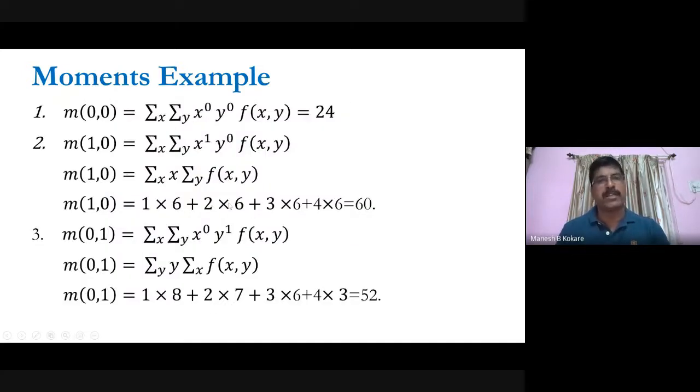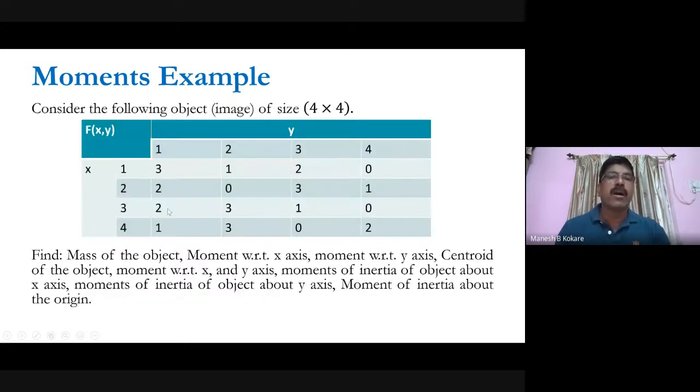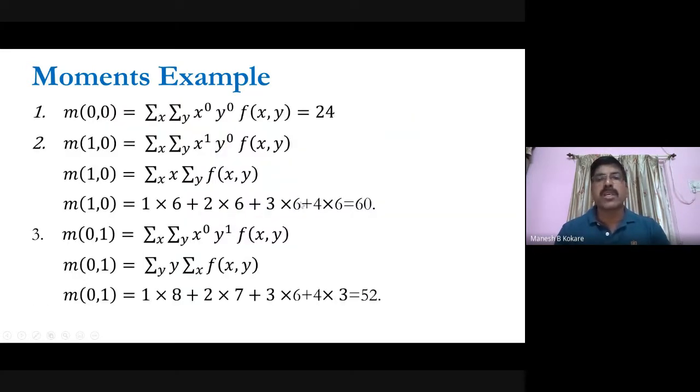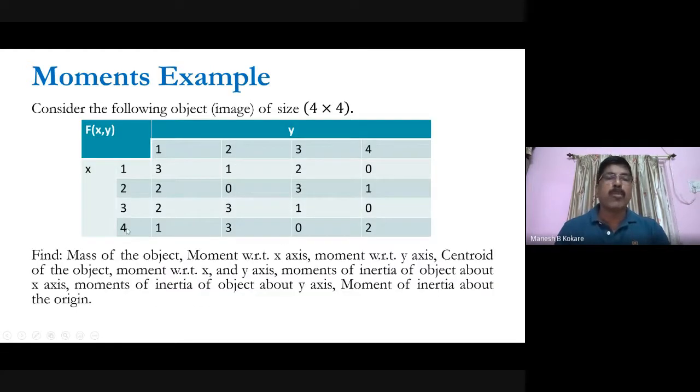I hope you are understanding now how you are calculating M10. Then what is the value of x? 3. And what is the summation of this row? Again it is 6. So here 3 into 6, right? And then the next one, what is the value of x? x is 4. What is the summation of this one? 1 plus 3 plus 0 plus 2, that is equal to 6.